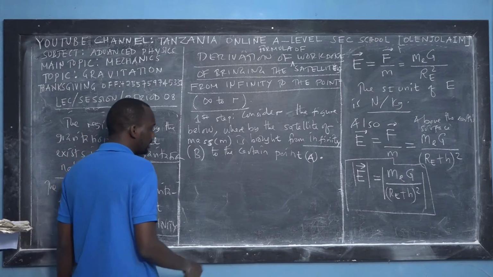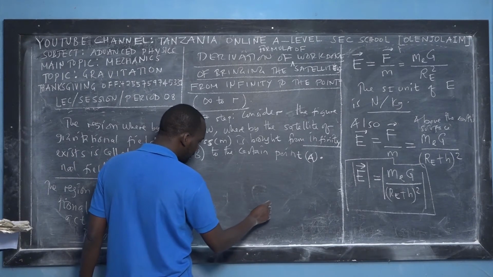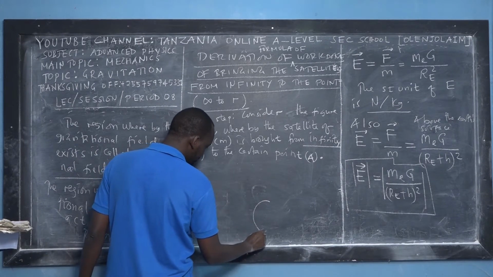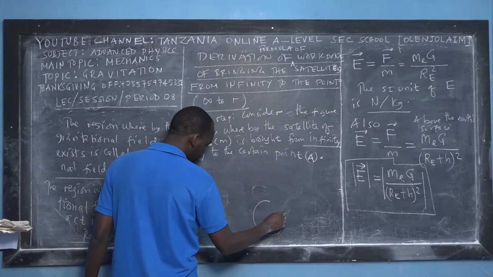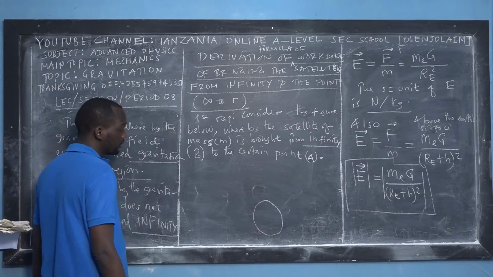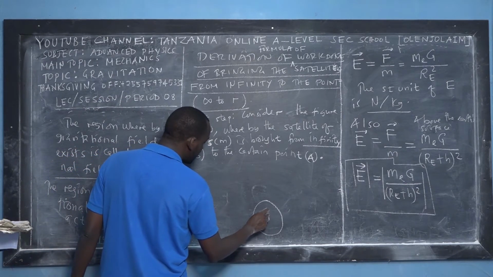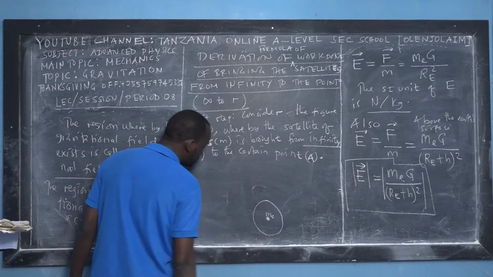So then we say that, suppose this is the Earth's surface. Look carefully and listen, you may stop writing first, listen carefully, because if you don't understand this figure, you'll get confused.